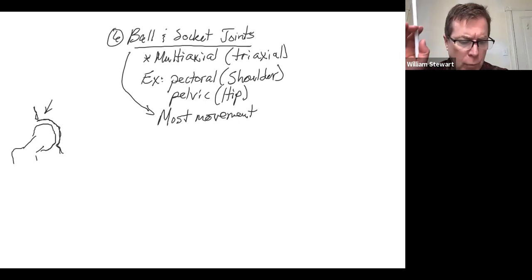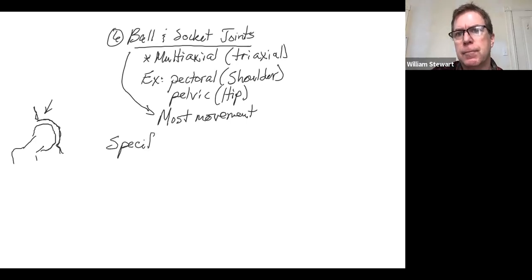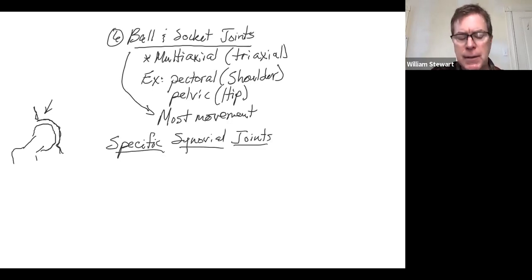All right, we've gone over the pictures in our last lecture of all of the types of movement at synovial joints and their explanations, things like flexion, extension, rotation, circumduction, all of those things we reviewed. So I'm not going to do those again. I do want to speak about specific synovial joints, because your book in chapter 8 does spend a significant amount of time on these major joints.